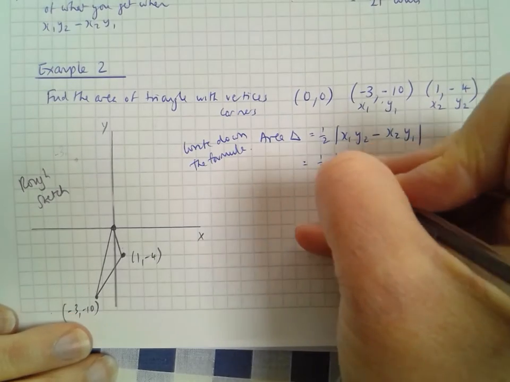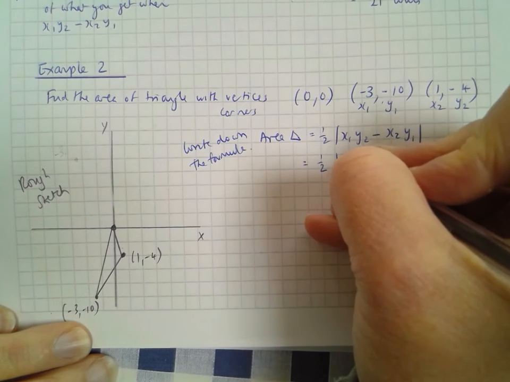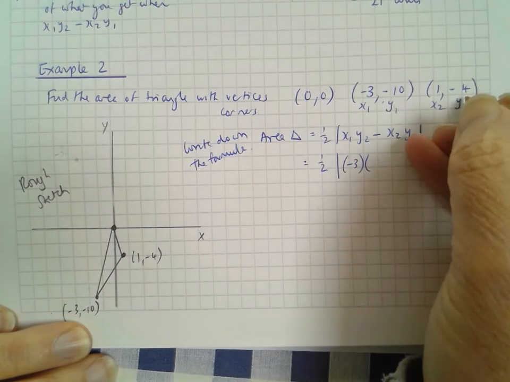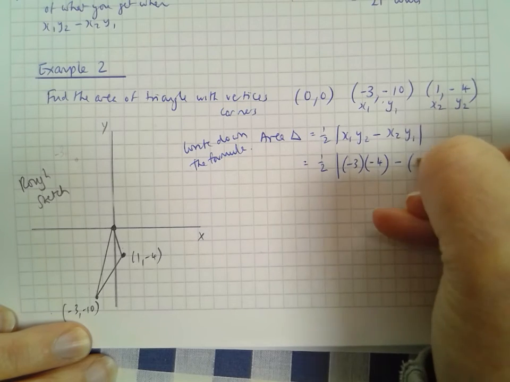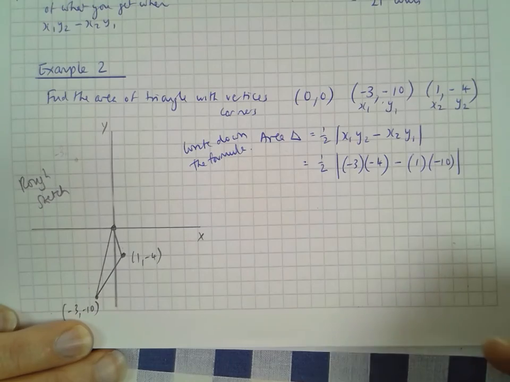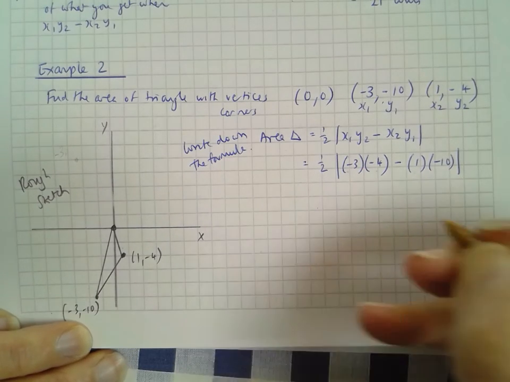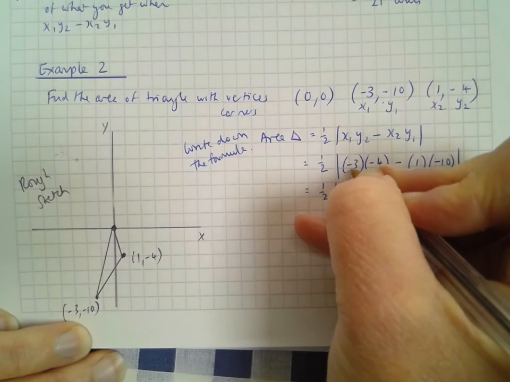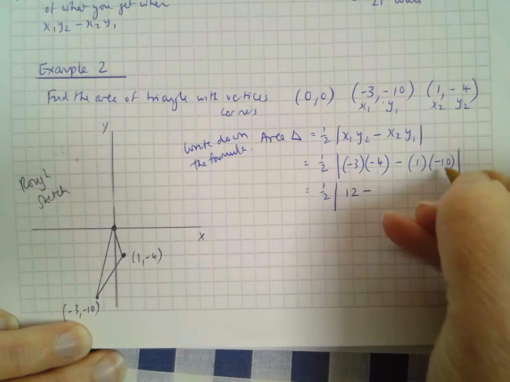So x1, y2: minus 3 is x1 multiplied by y2, which is minus 4, minus x2, which is 1, multiplied by y1, which is minus 10. Okay, x1, y2 minus x2, y1. Minus 3 by minus 4 is 12, minus 1 by minus 10 is minus 10.